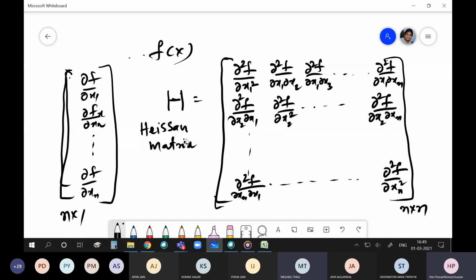After differentiating it with respect to different variables, I'll put the value of the stationary point in this, and then we'll evaluate. No, it's not correct. So no, this is not the correct answer.